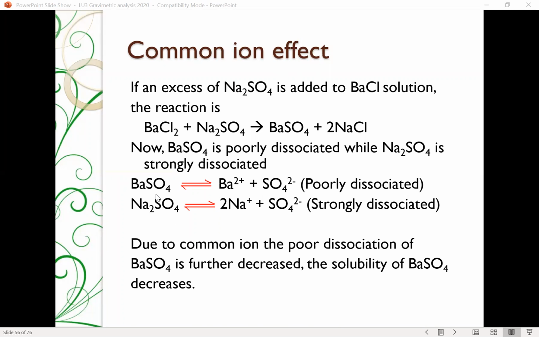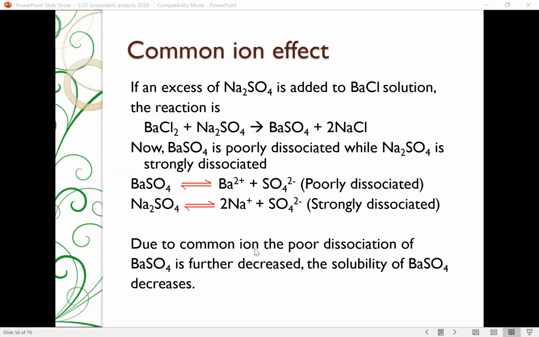So in this case, BaSO4 will dissociate into Ba2+ and sulfate, which is poorly dissociated, and sodium sulfate will dissociate into Na+ and sulfate, which is strongly dissociated. So due to the common ion, the poor dissociation of BaSO4 is further decreased, and the solubility of BaSO4 is decreased.